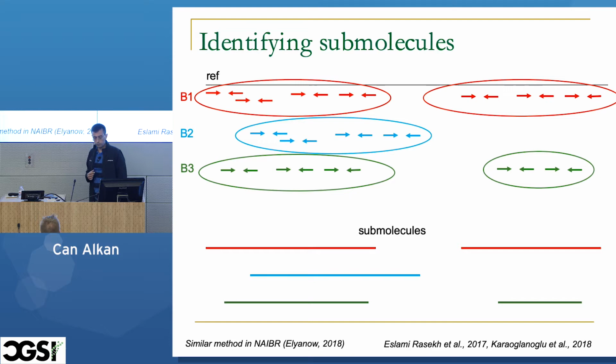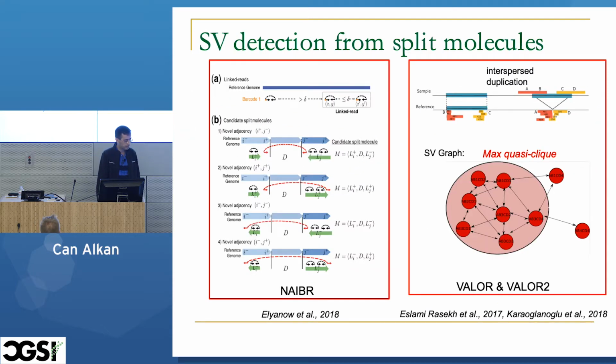These are two of the algorithms, Valor on the right, citation, and NAIBR on the left, but they are using the same strategy. And then you detect the structural variation using this split molecule information. Again, NAIBR and Valor are doing this a bit differently, although the identification is the same.